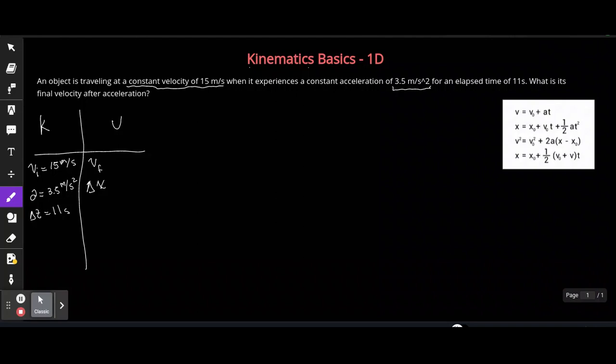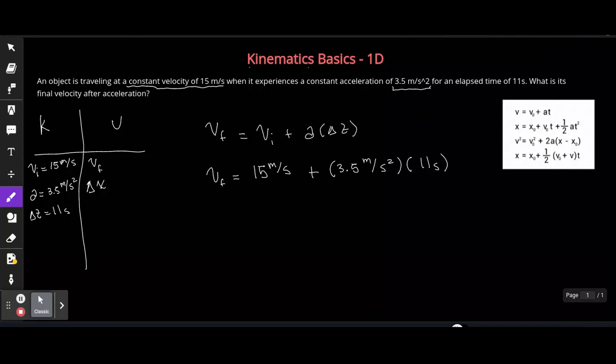So it looks like our first equation is our best option because it uses v final, which is our unknown, equals v initial plus acceleration times elapsed time. So plugging these in, we have v final equals our initial velocity of 15 meters per second plus an acceleration of 3.5 meters per second squared times an elapsed time of 11 seconds.